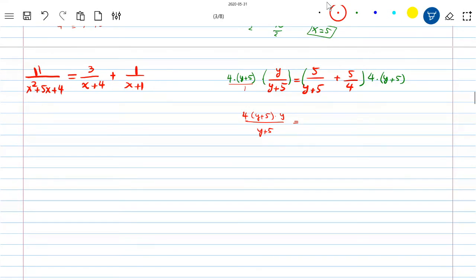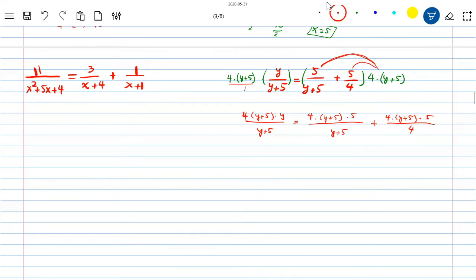This one I should distribute because there's an addition. 4 times y plus 5 times 5 multiplied by the first fraction, y plus 5. And multiply 4 plus y, 4 times y plus 5 times 5 over y plus 5, this is what I get. Plus, if you multiply the second fraction, 4 times y plus 5 is still there, times 5 over 4. You can put the 4 in the denominator for all of them.